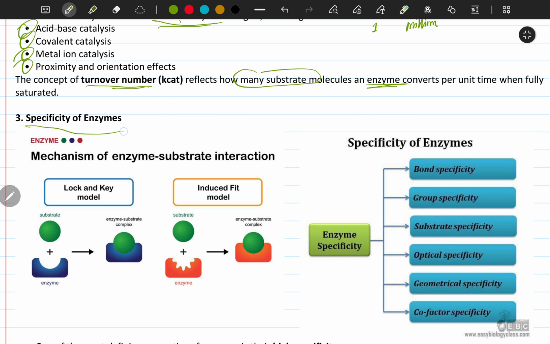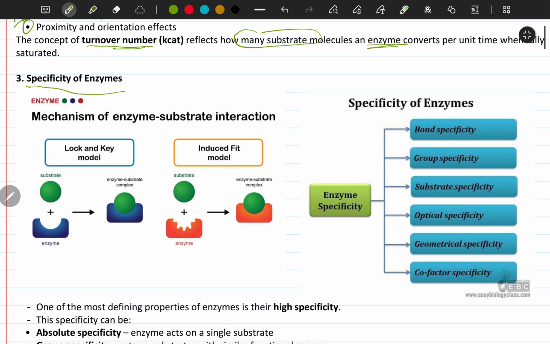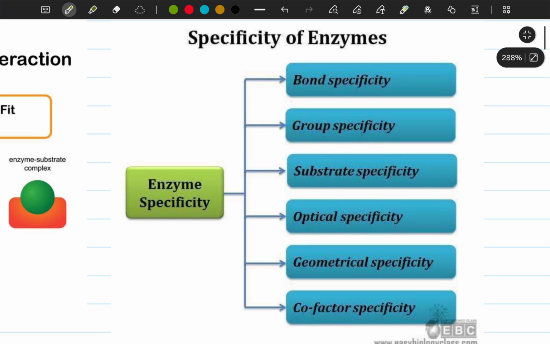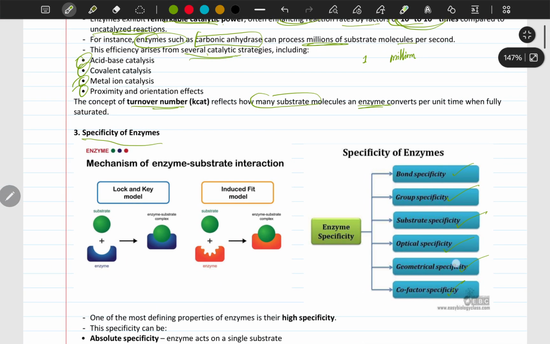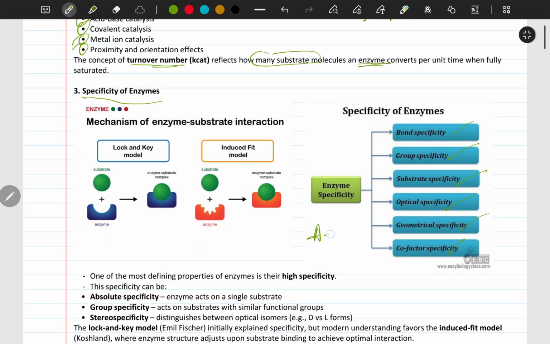Number 3, specificity of enzymes. Enzymes have specificity. Let us see this. Enzyme specificity: bond specificity, group specificity, substrate specificity, optical specificity, geometrical specificity, and cofactor specificity. So let us think A and B. They have a bond specificity. We'll see the group specificity of them.